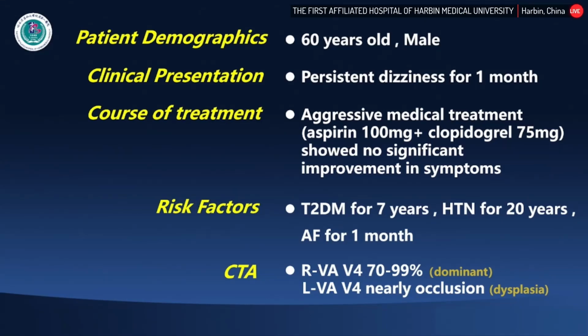He has some risk factors: type 2 diabetes for 7 years, hypertension for 20 years, and atrial fibrillation for 1 month. The CT results show the right vertebral artery C4 segment has stenosis larger than 70%, and the left vertebral artery C4 segment is nearly occluded.